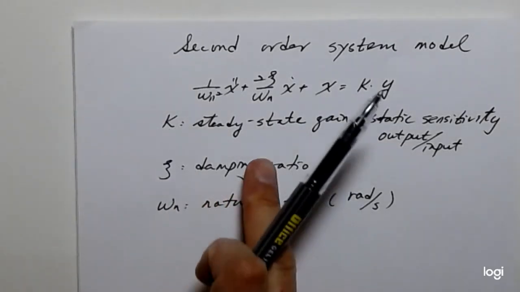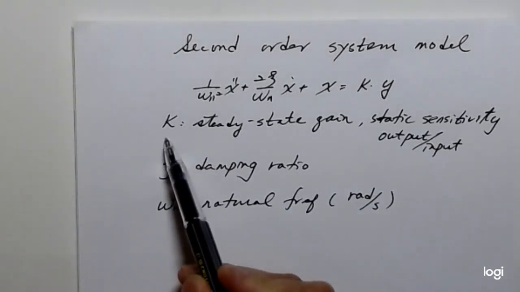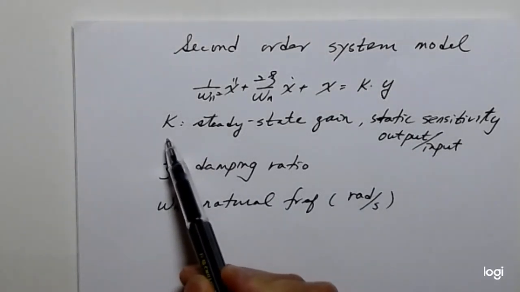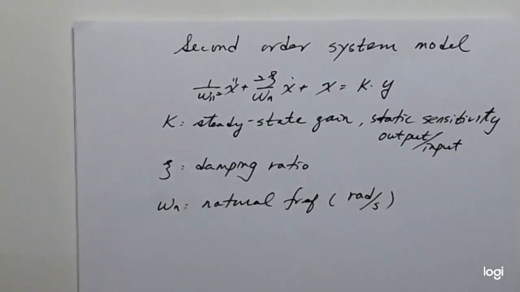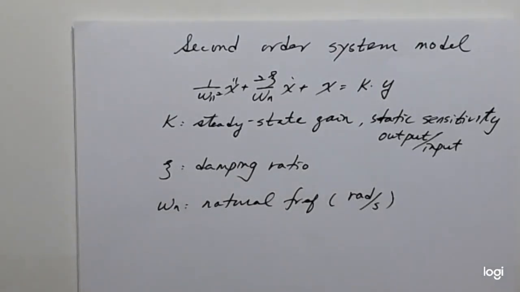Now we have the same K, with the same meaning for the second order system, but how about the damping ratio zeta and the natural frequency omega n? Because in the first order system tau determines how fast, so how about zeta and omega n?